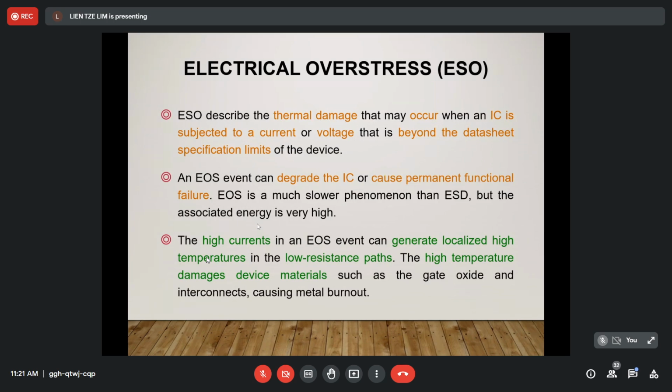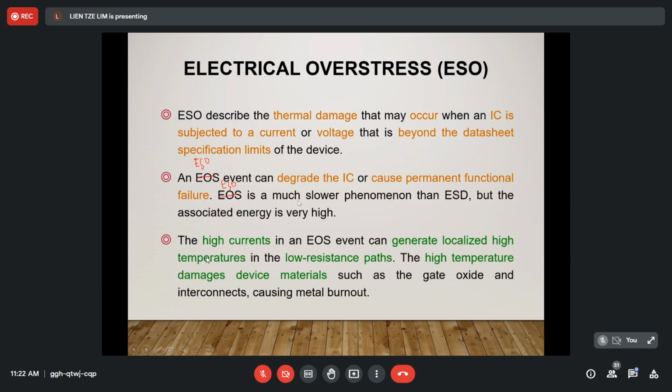So now I will go to EOS, electrical overstress. What is meant by EOS? Electrical overstress describes the thermal damage that may occur when an IC is subjected to a current or voltage that is beyond the datasheet specification limit of the device. This is EOS, wrong spelling before, so the correction needs to be made here. An EOS event can degrade the IC or cause permanent functional failure.